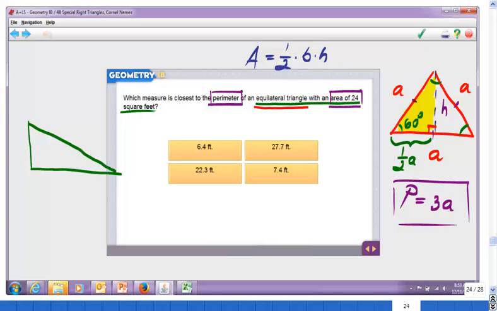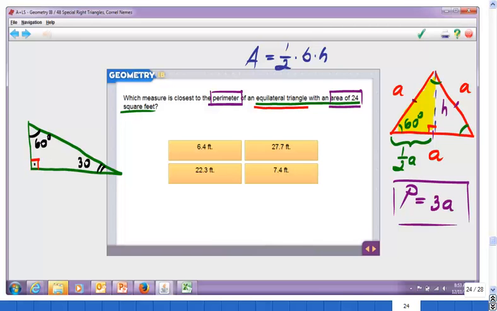What kind of right triangle is this yellow triangle in here? Can anybody tell me? Right, this is a special right triangle. I know one angle is 60 degrees, this is definitely 90, and the smaller one is going to be 30 degrees. What is the relation between your sides?